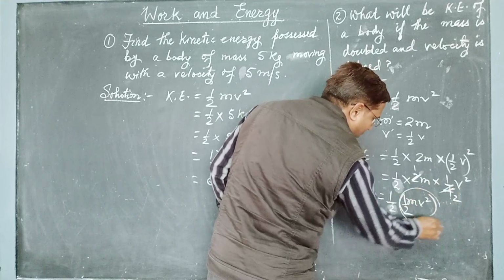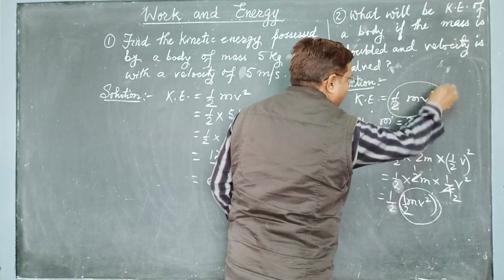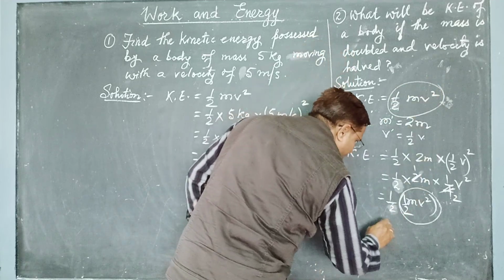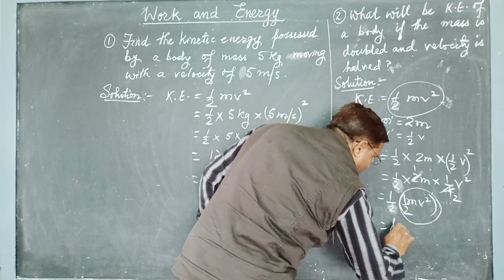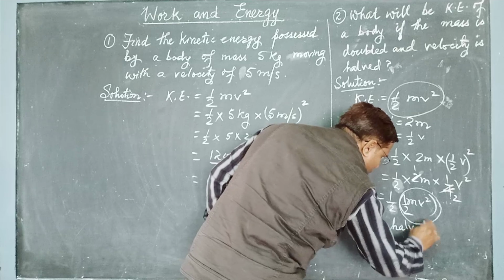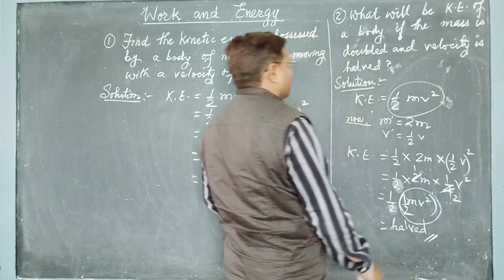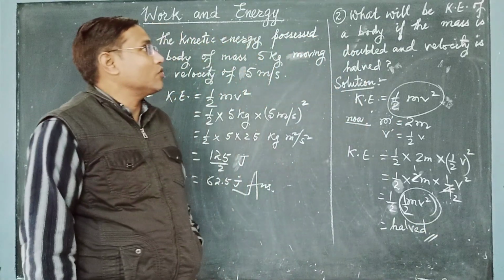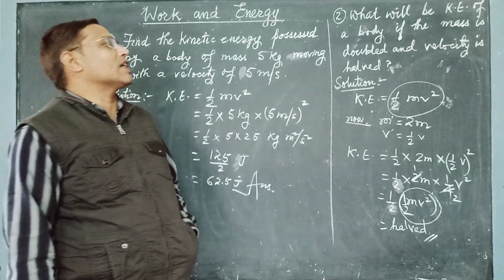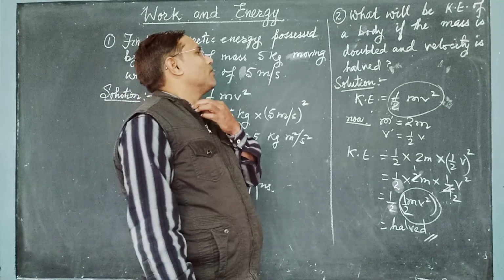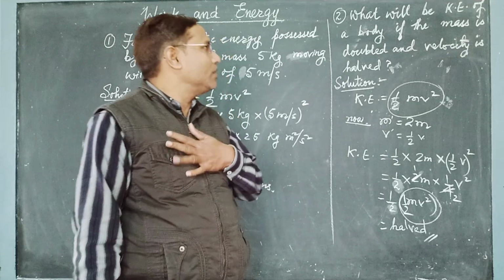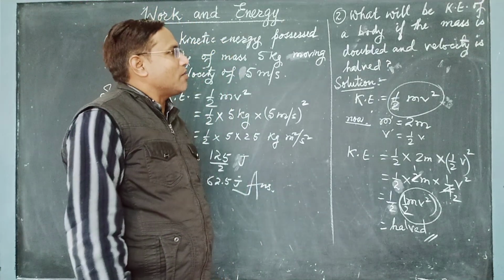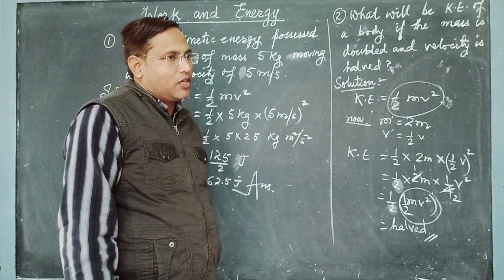And this was my previous kinetic energy. So we can say it is half. So kinetic energy will also become half. So the answer is that the kinetic energy of the body will be half if the mass is doubled and the velocity is halved.